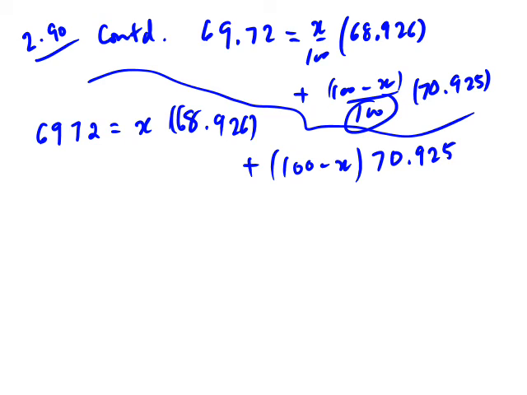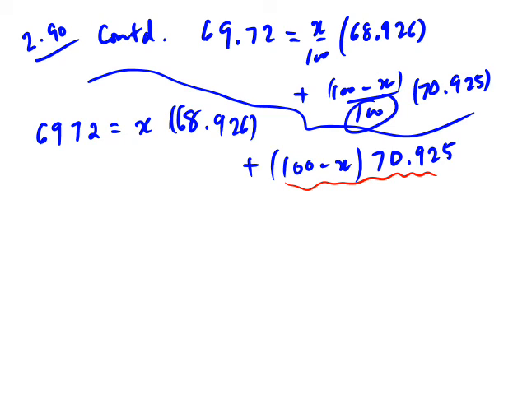Now I can simplify the second part of this problem. 100 minus x times 70.925. That means you are multiplying 100 by 70.925 and also x by 70.925. So what we're going to get now is the following.